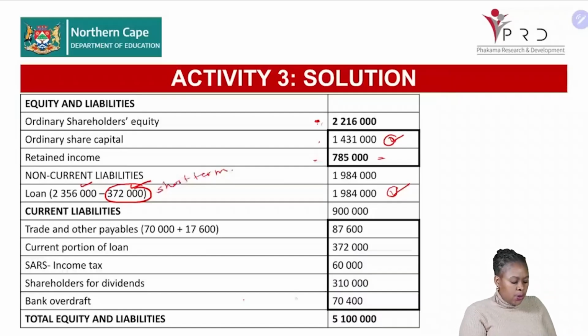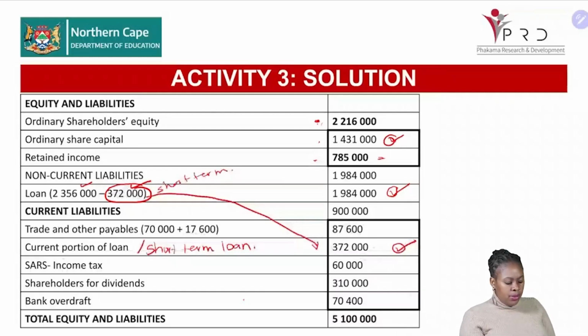All right. So then we are going to say the amount that we are going to repay is moving to our current liability section, and we will write current portion of the loan, or we can write short-term loan. Okay, so then that will award us our principal mark or operational mark. So this loan question, you will see, is probably out of 4 marks.